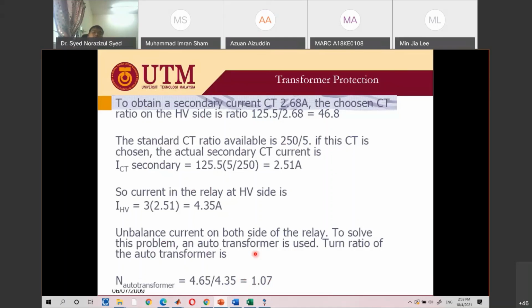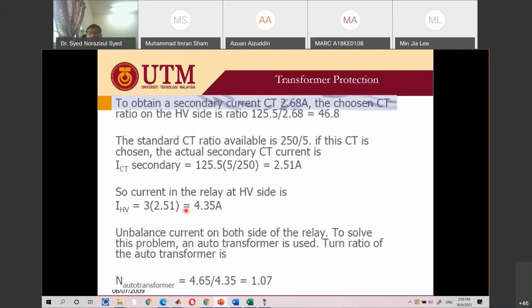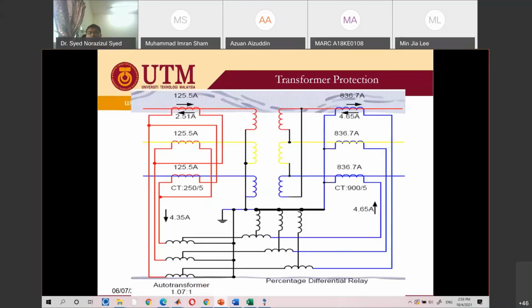We use the auto transformer, a small transformer at the secondary side, just to correct the value, so that the error will be very near. Based on this calculation, it would be put at the LV side, not HV side. If put at the HV side, it should be put here, and the current will become 4.35 amp, so that this part and this part have the same current and the error will be very small.